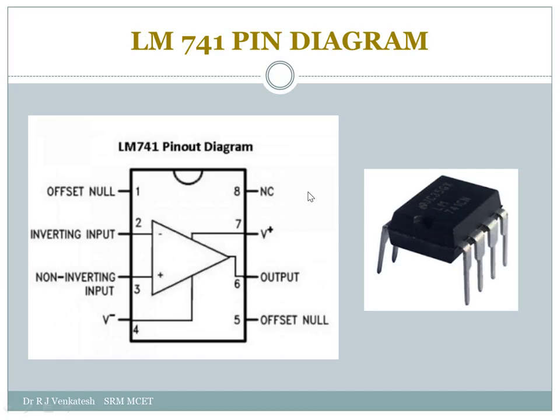The IC is operated with 12 volts. Pin 4 is given the negative 12 volts and the positive 12 volts is given to the 7th pin. So here you are using only 5 pins: the 2nd and 3rd pins for input, the 4th and 7th for the IC supply, with negative 12 volts to the 4th pin and positive voltage to the 7th pin.